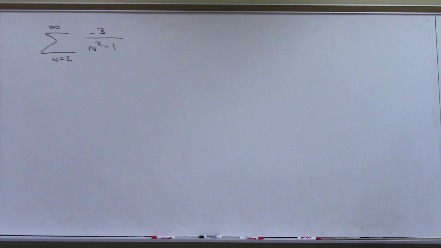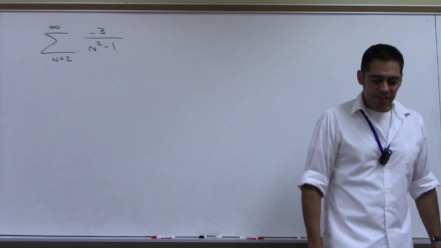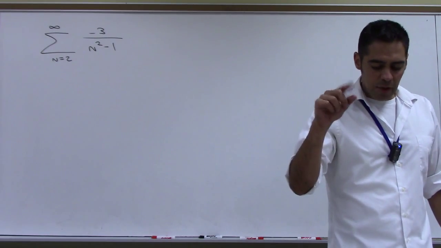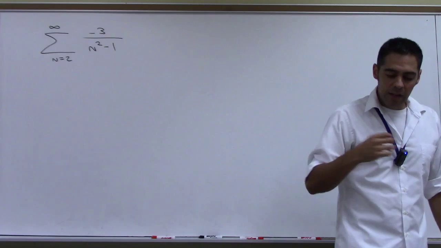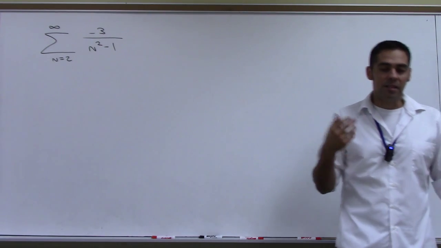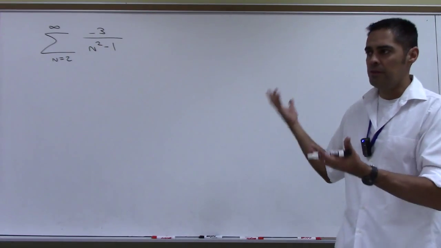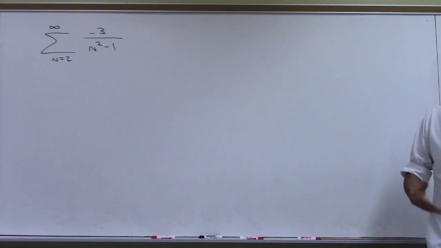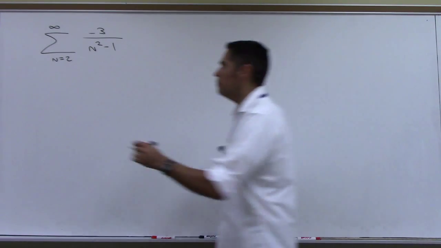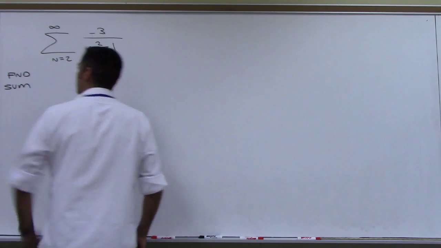So I'm hinting to you that it does add up to something. In your homework, problems 25, 26, 27, 28, it says determine if the series is convergent or divergent by expressing it as a telescoping sum. So they're telling you within the homework problem that it's a telescoping series. I won't do that on a test. I'll just tell you, like, find the sum. And then you kind of have to know what that means.